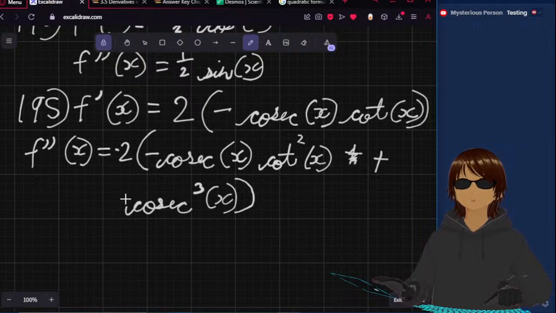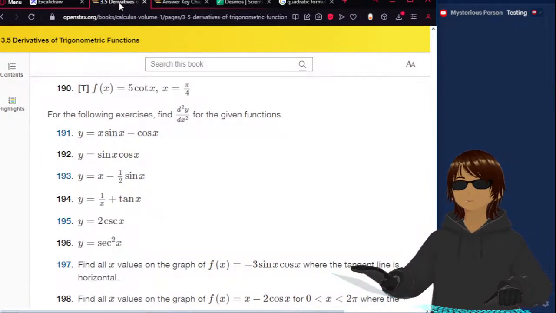Wait, cosecant times it by the derivative of cotangent. Just this is minus. So minus from here and minus from here will. Oh, I took the minus out. Yeah, and then it makes sense.